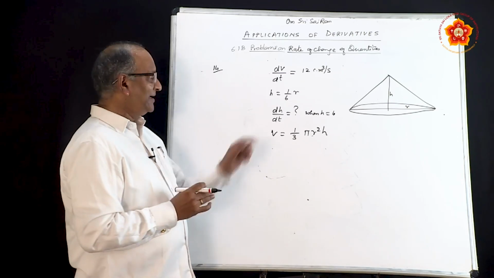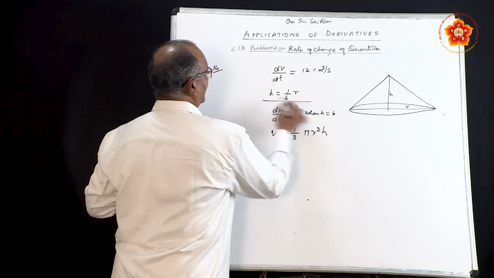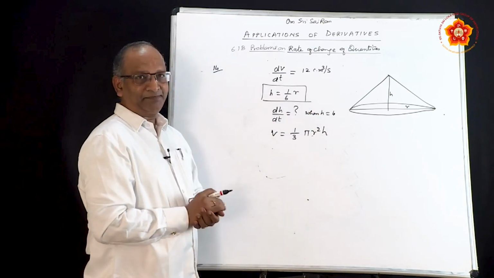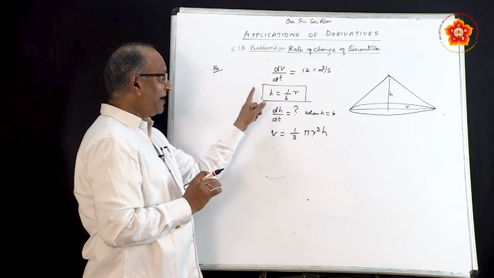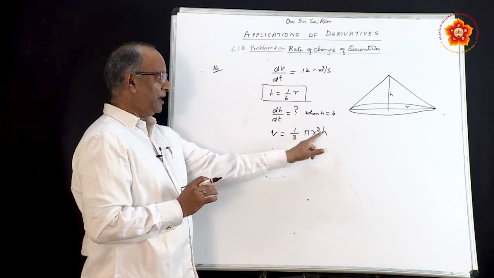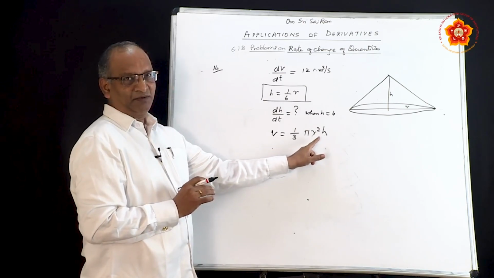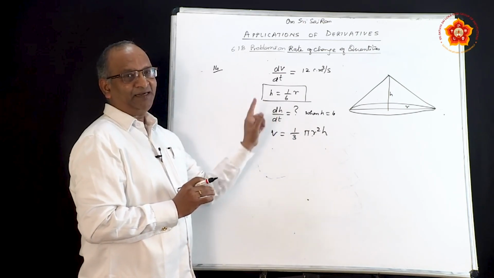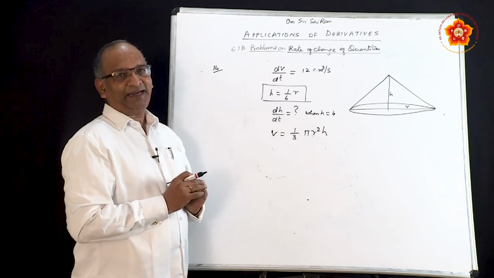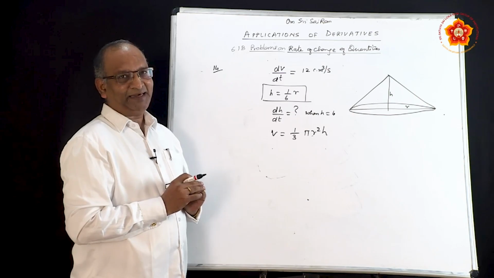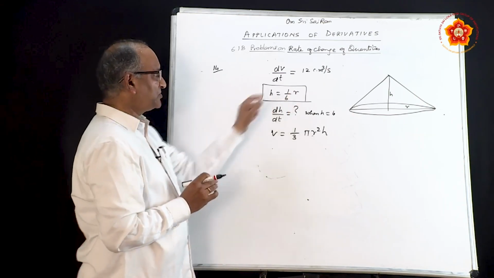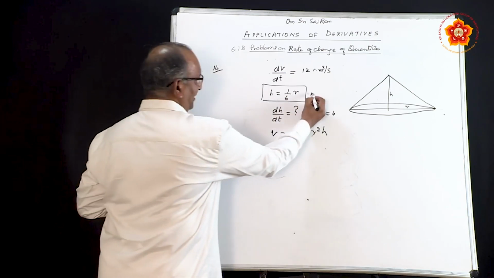And to do that, he has given this relation. Since he is interested to find out dh by dt, substitute the value of r in terms of h, not the value of h. You can also substitute the value of h, but what you will get is dr by dt, but we are not interested in the rate of change of radius. We are interested in the rate of change of height. So, r can be substituted as 6h from this particular relation.